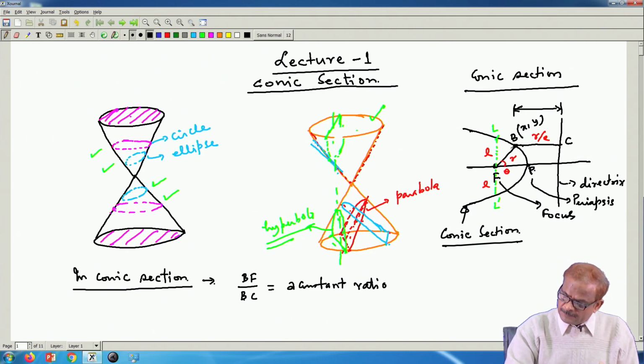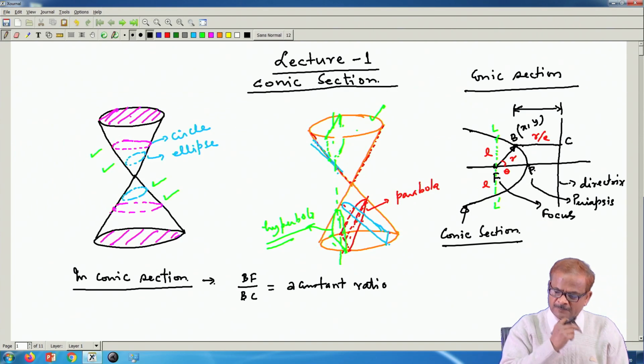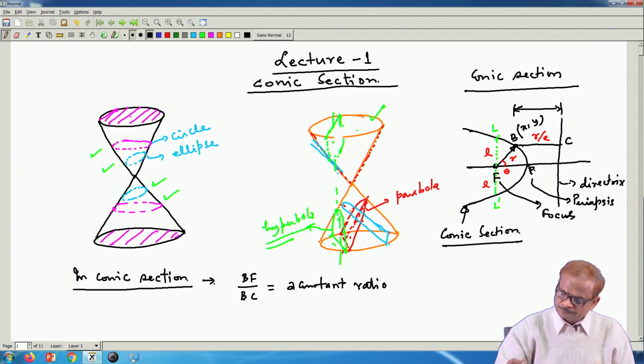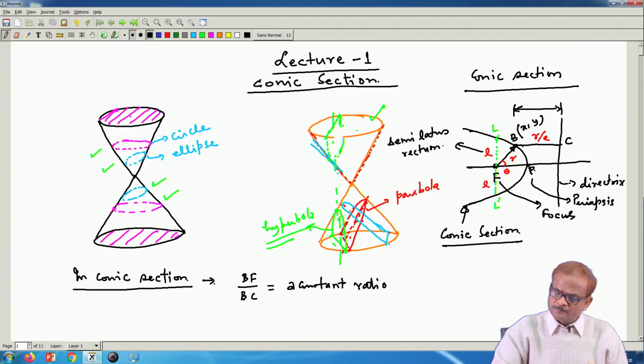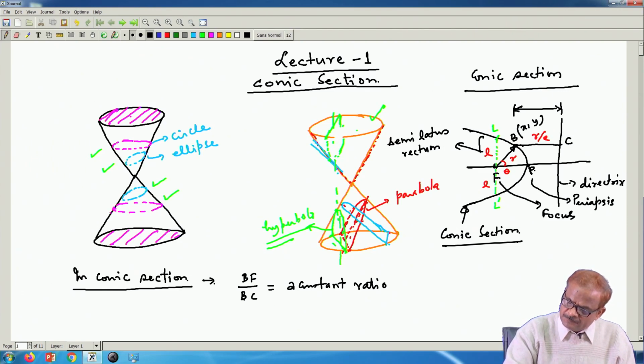Of course, here r is the magnitude of the distance from the focus to the point on the conic section, and this L we call the semi-latus rectum. This is the distance from this point to this point.